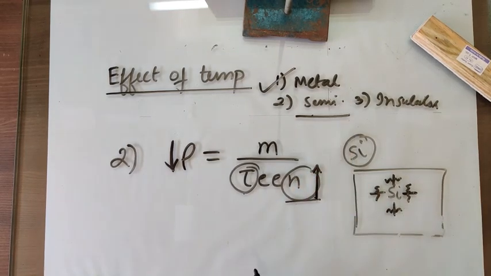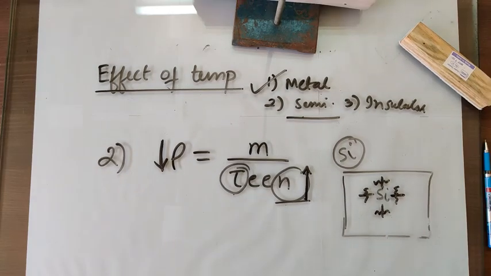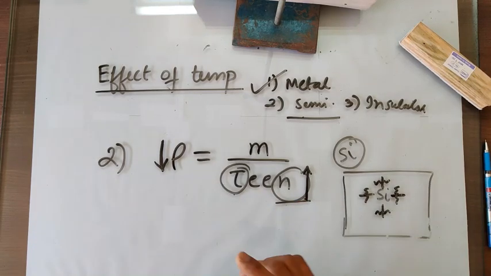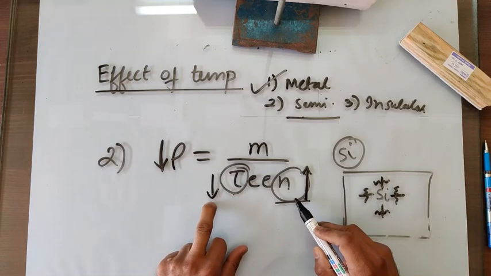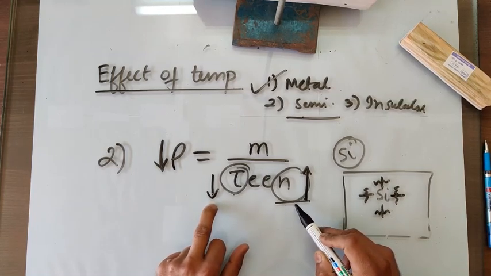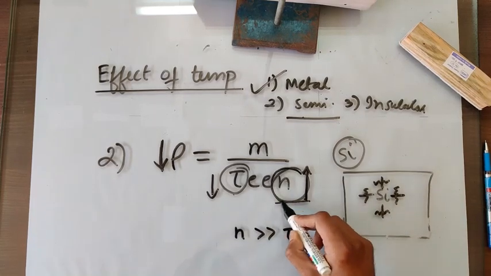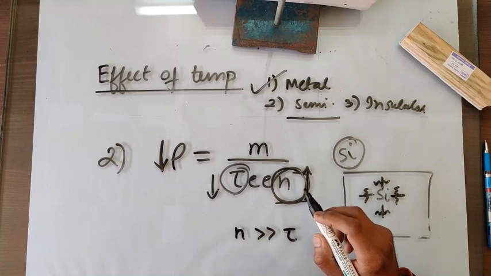Third, for materials like carbon, germanium, silicon, with the increase in temperature, the number density increases but the relaxation time decreases, but the increase in n compensates more than the decrease in tau.